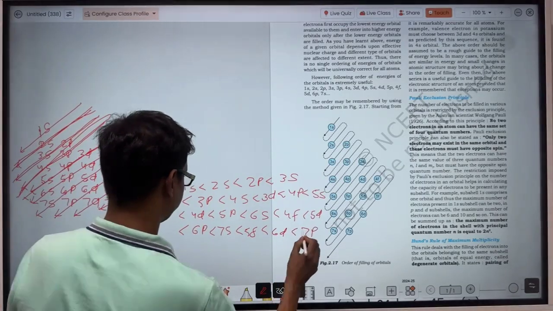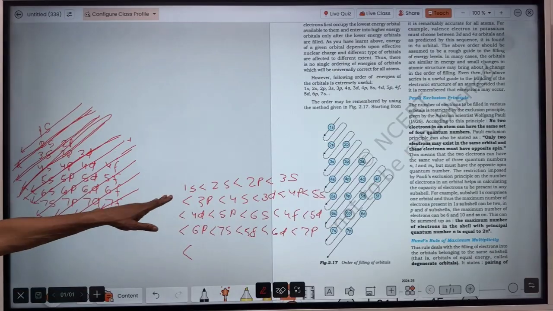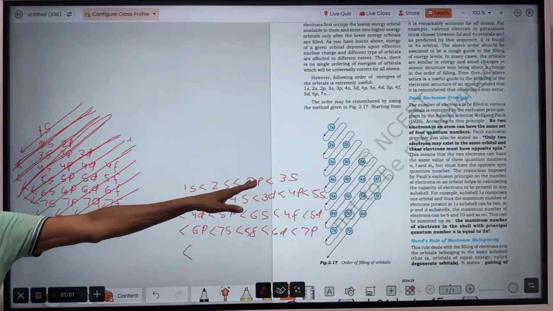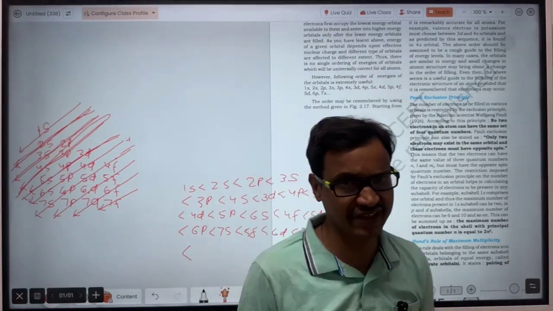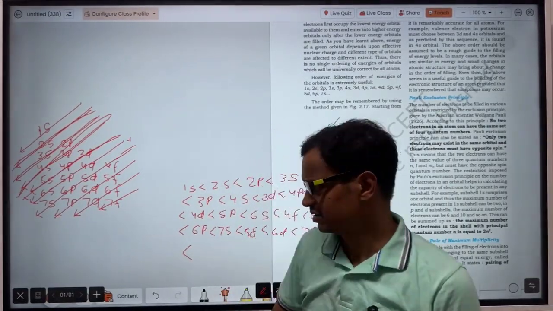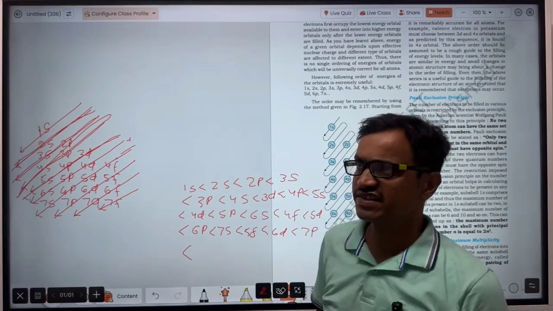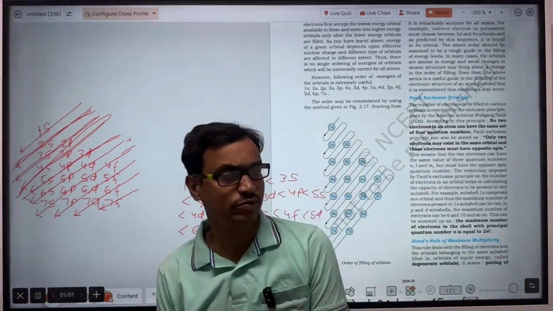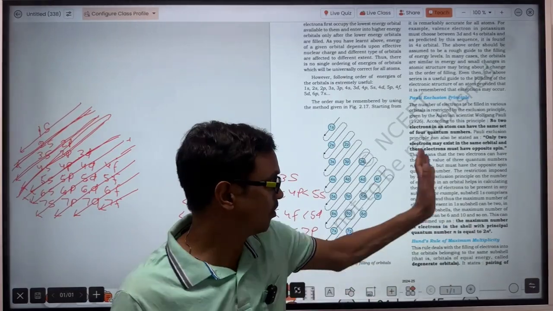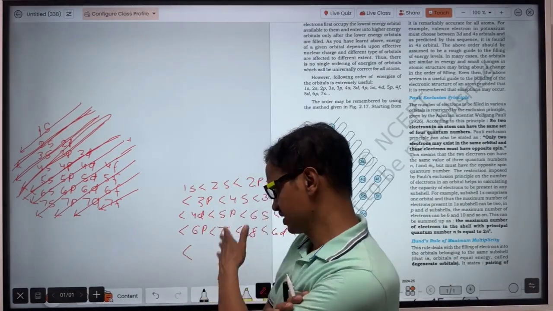Like that, the energy of 1s will be least, then 2s, then 2p, then 3s, then 3p. So this is the method by which you could find out the energy level of various orbitals or subshells.